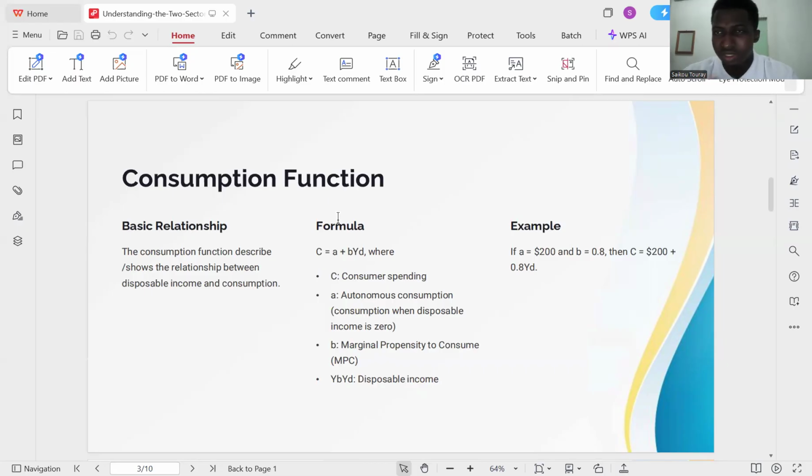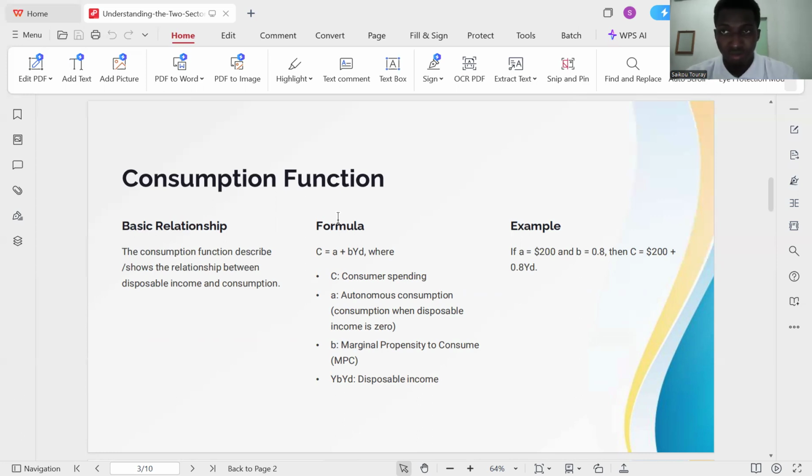Disposable income is the income that you can consume directly after deducting tax and other things that the government deducts from it. So it's basically the leftover income that you can consume directly. These two, disposable income and consumption, are related.